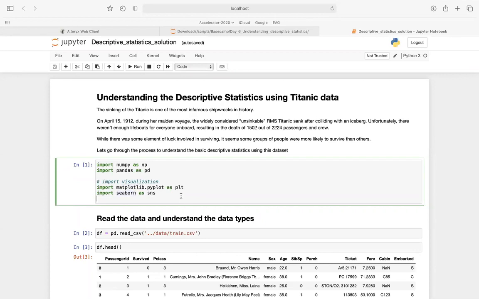Can we quickly import the libraries, guys? And can you quickly confirm that everyone is able to import the library?